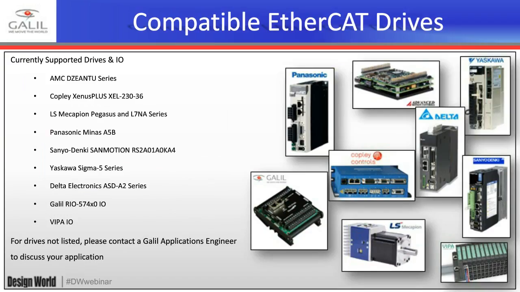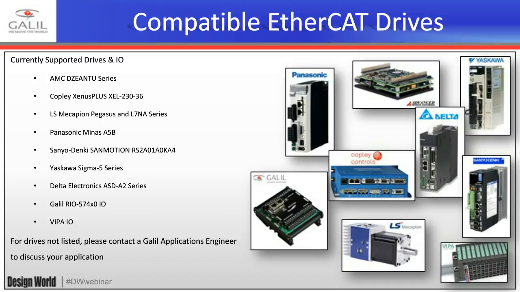Here is the list of compatible drives so far. With the 50,000, we've included a little under 10 drives, as well as 2 I/O modules, both VIPA and the Galil RIO 57,000. For the most part, we've chosen these drives from the broad spectrum of the market, the ones that customers we have worked with have the most interest in integrating for support.